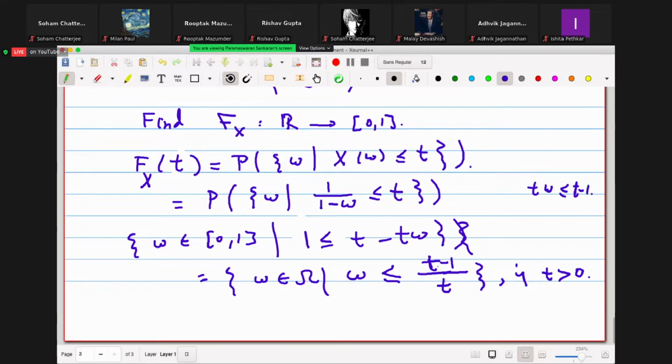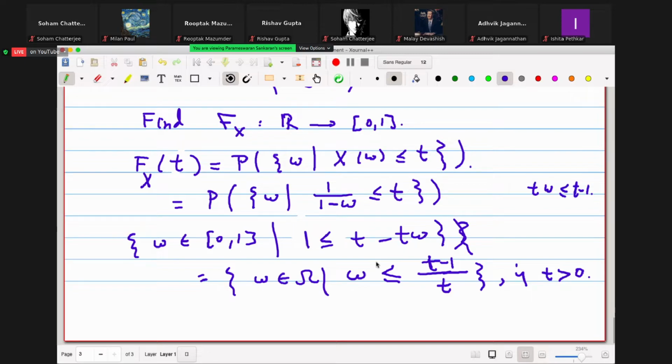So omega will be bigger than or equal to this, since t is negative. This is not possible, so if t is less than 0, you will not have any omega satisfying this. It equals the empty set.